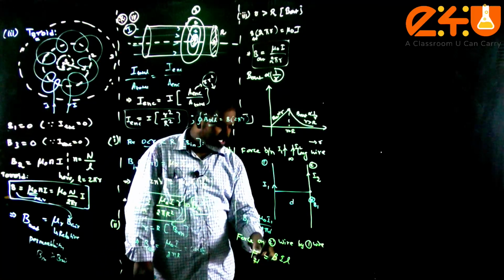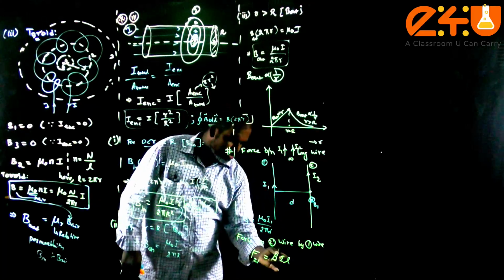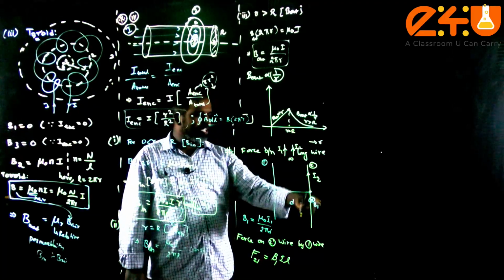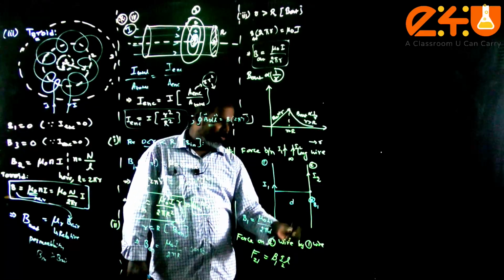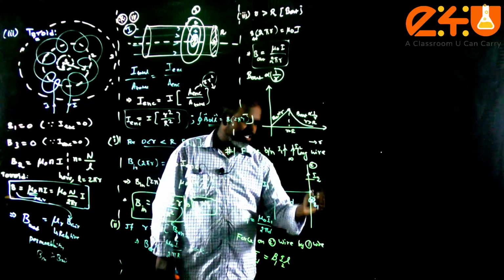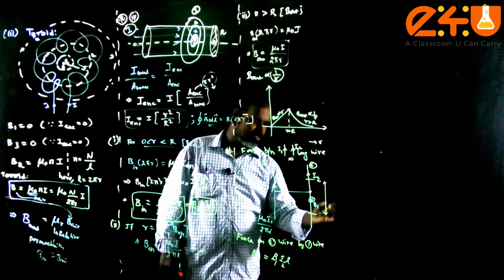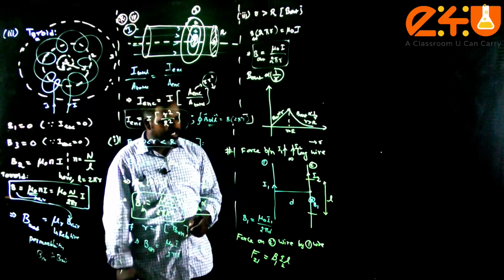So here B is what? That is produced by the first one, so B1. The current carrying conductor has current I2. So we just consider some portion of length L, where L is the length of that portion we consider.